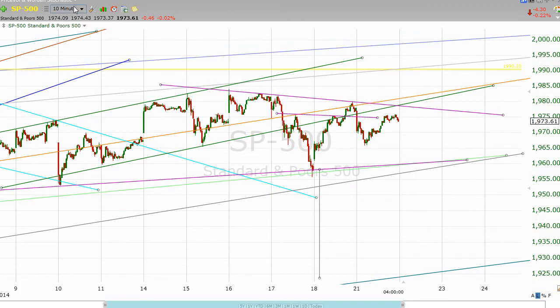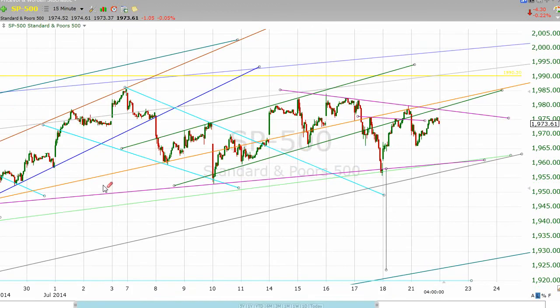And if you back out just a little bit more, we could even go so far as to say that not only do we have this little inverted head and shoulders pattern here, but potentially going all the way back to the second week of July, or actually it would be the first week. It would be that Thursday when we had that high, the all-time high on the 3rd.